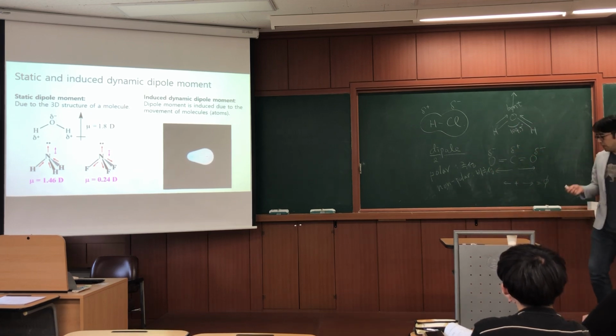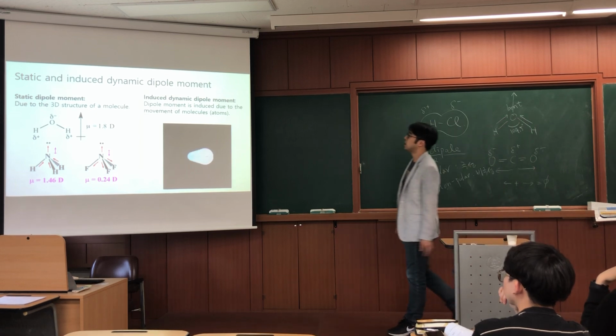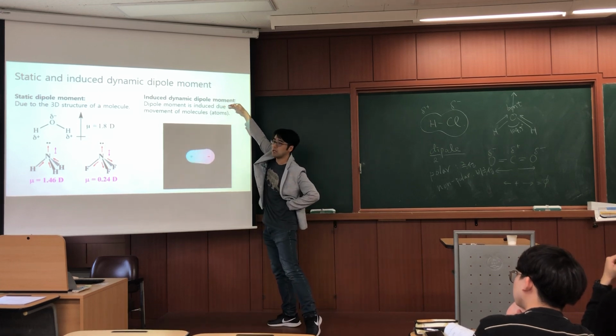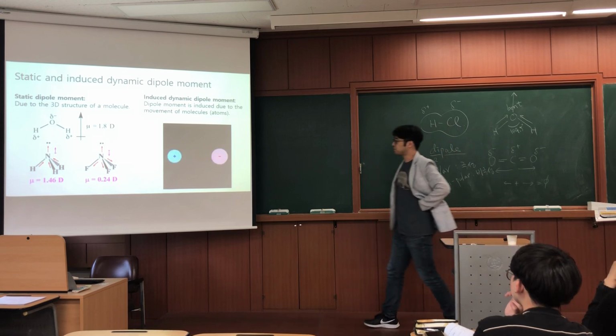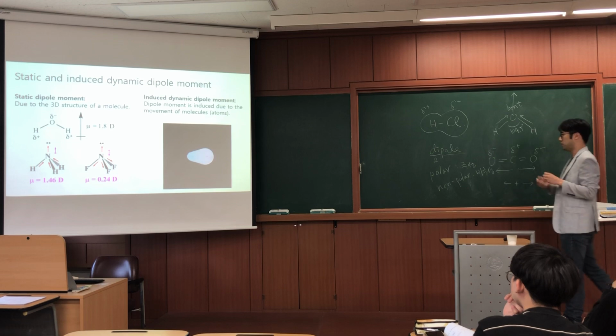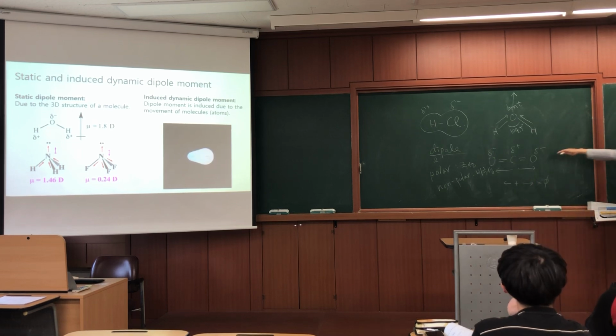And in addition to that, there is another type of dipole moment called induced dynamic dipole moment. The induced dynamic dipole moment is this: when molecules are just staying there, even polar molecules, even non-polar molecules, sometimes, in the case of CO2, this one has this kind of electron cloud, right?